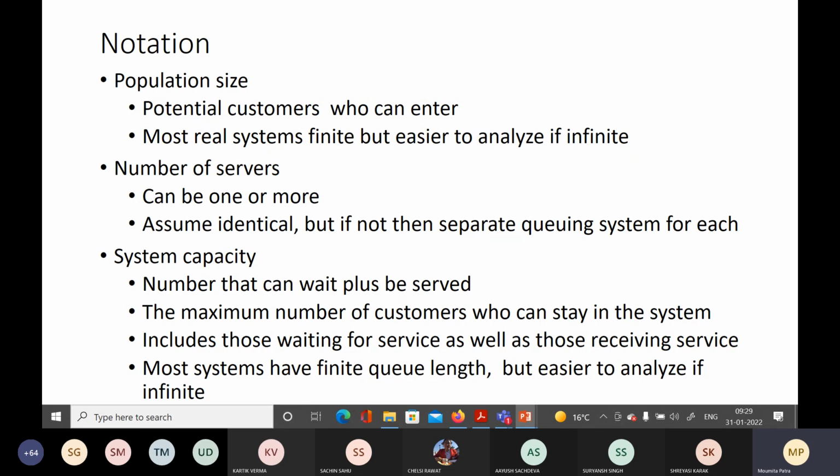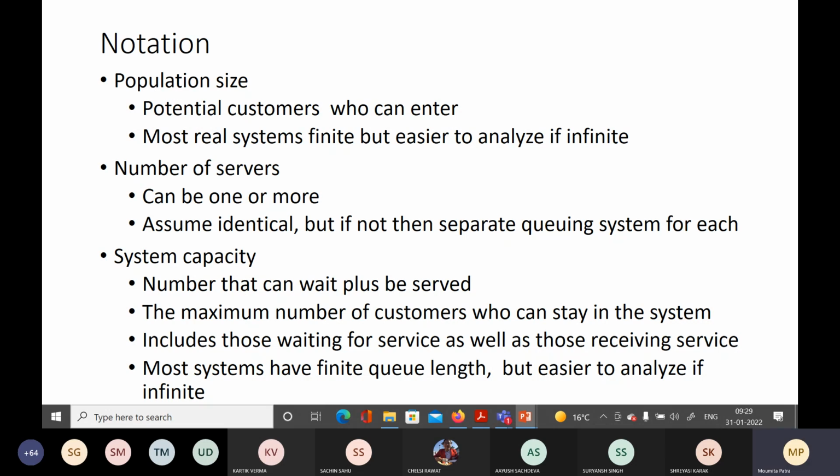But in real life, the way one person does a job is different from another person, whether in different counters or anywhere. One person can do a job faster, another can be slower. That is not a very realistic assumption, but for ease of analysis, we generally take some assumptions. One of the assumptions that we will be taking is that the servers are identical.